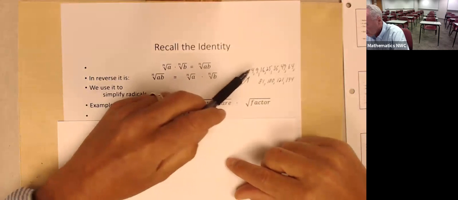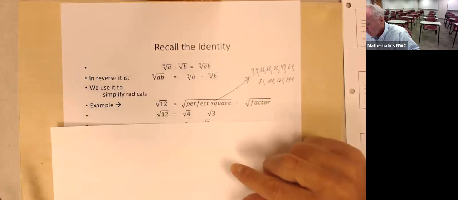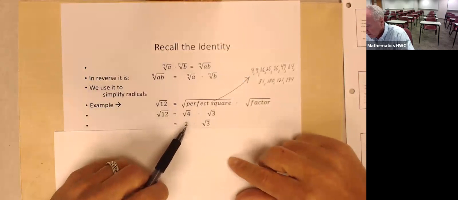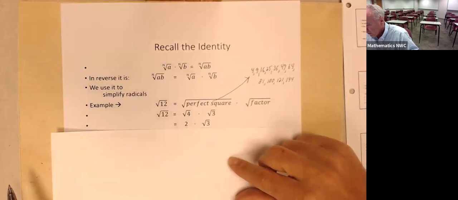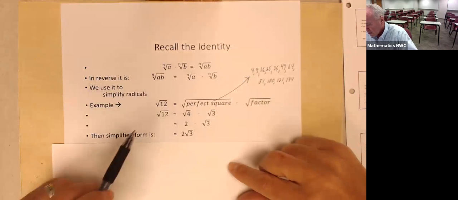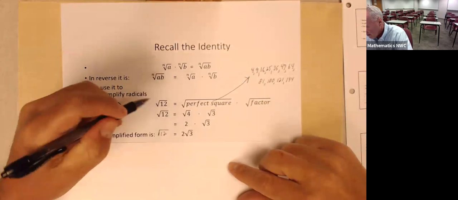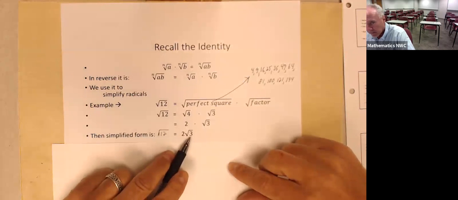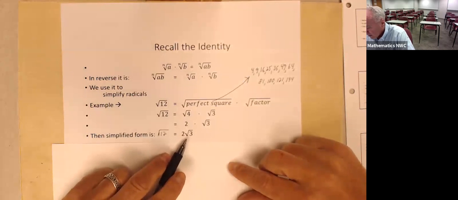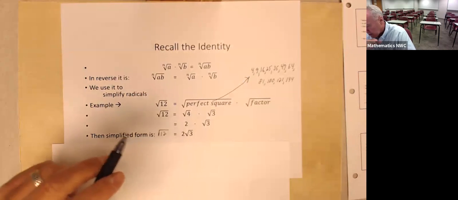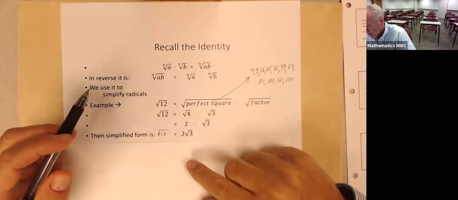I happen to choose the 4 here. Well, because the 4 can be reduced down to 2, this becomes 2 times radical 3. So the radical 12 here, we reduced it down to 2 radical 3. That may or may not look like it's simplified, but it actually is.